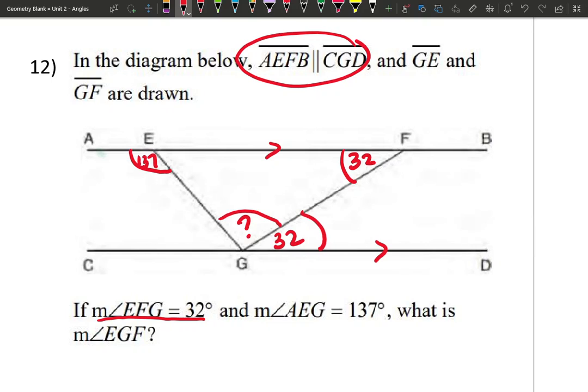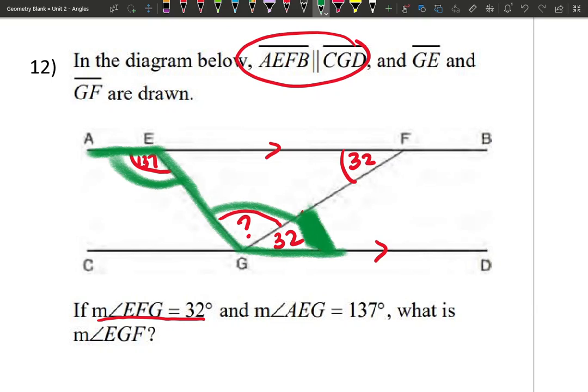Now, this is not the only way to do it, right? But I'll do it in two ways real quick. So I'm looking at this alternate interior angle. This one must be congruent to this one. If this much of it is 32, but we know both of them must add up to 137 because it's congruent to this one, let's just subtract the 32 from that 137.